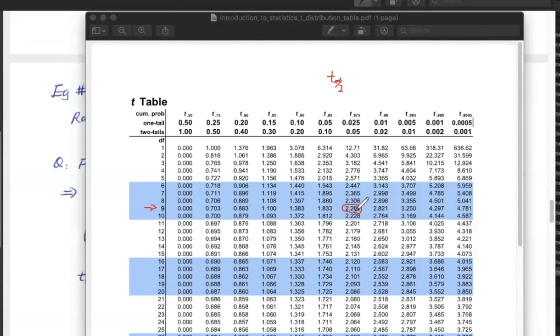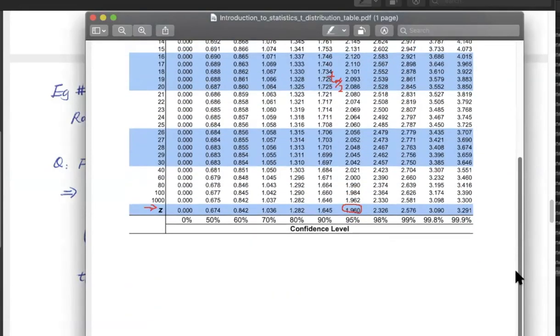Is that clear, everybody? Should I mention this one more time? That's very important, everybody. If you got lost here, if you don't know how to use this table, then you get stuck, right? Because we also have a lot of questions using this T table too. So one more time, where do we start from? We started from the bottom, right, everybody? The confidence level, because that tells us 95%.